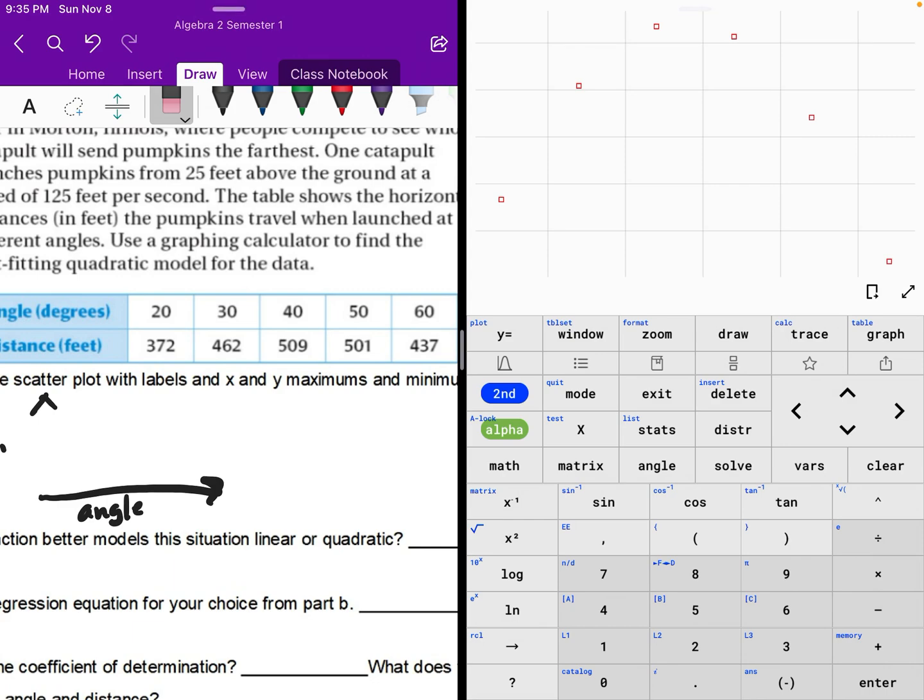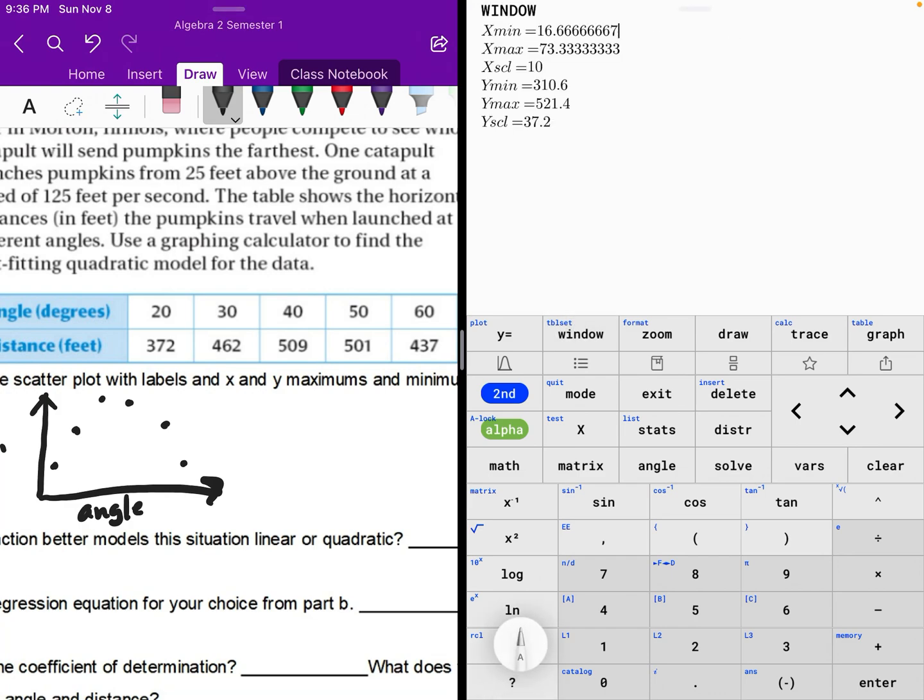From there, we just plot our points. Again, it's just a little rough sketch. Now we can see from the scatter plot that it is representing a quadratic, since it looks like a parabola.